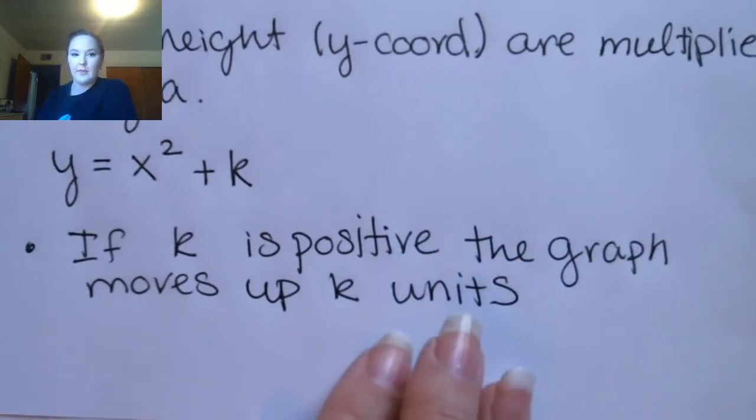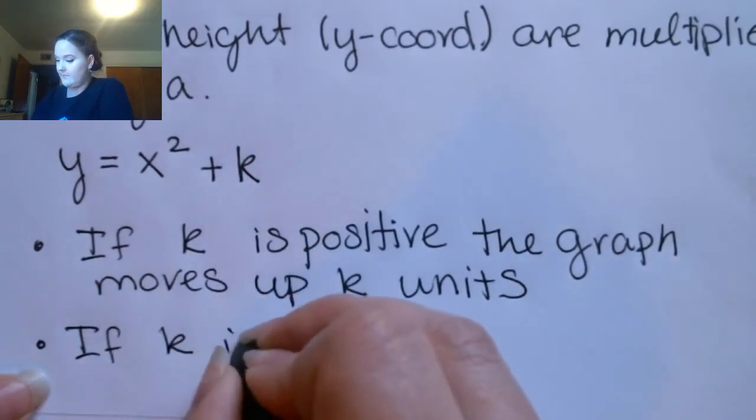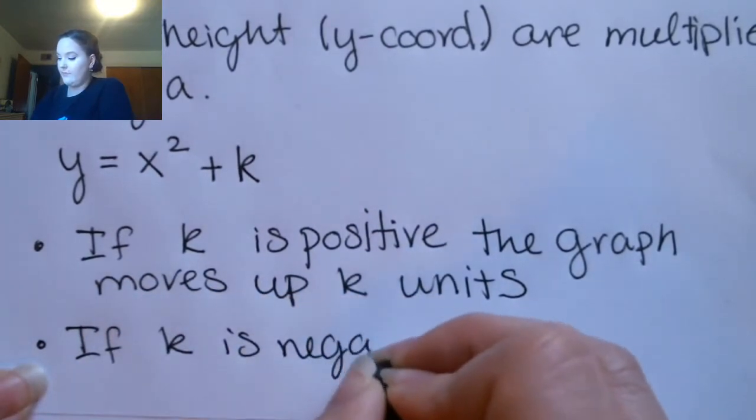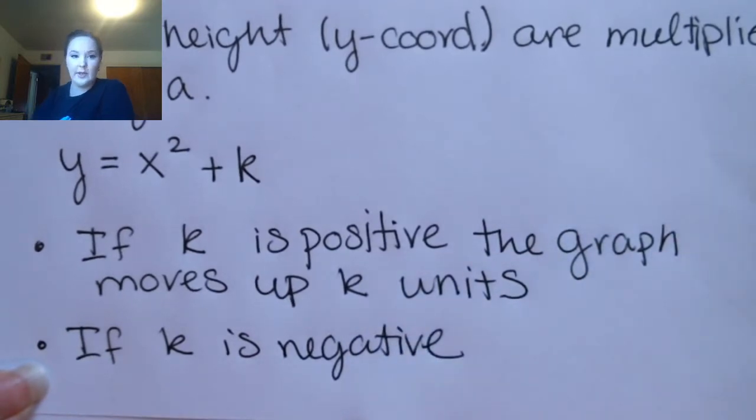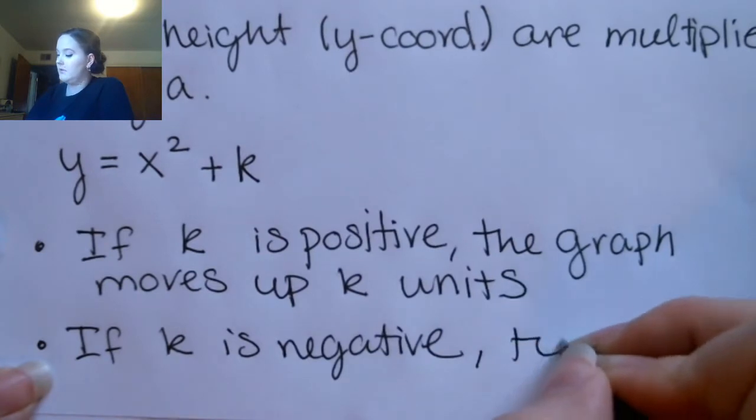Now, if we have that k is negative, like the previous one, then we would say that the graph moves down k.